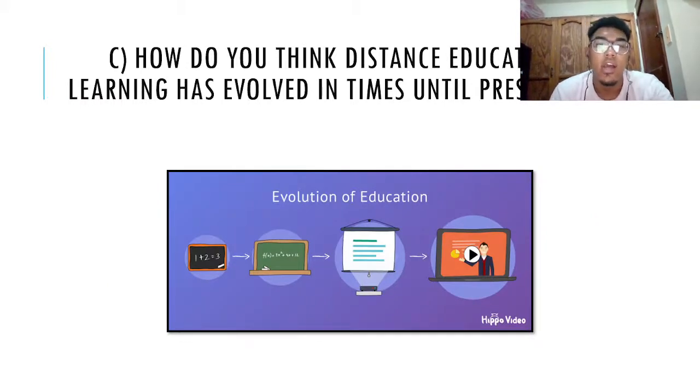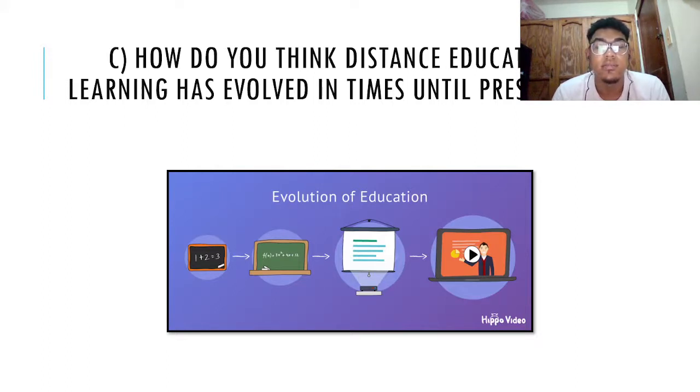How do you think that distance education or learning has evolved over time until the present day? Well, really, I think it has evolved a lot, because it has completely changed the way of receiving education, as well as the relationship between students and teachers, because it has allowed the vast majority of knowledge to be learned without the need to attend a classroom.